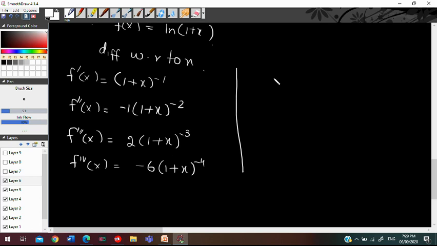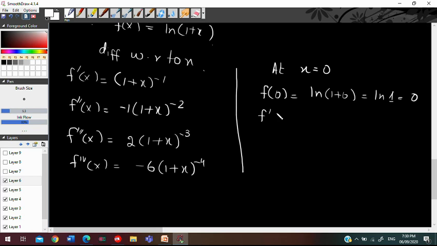And here, as I've told you, when we put x equal to 0 in our Taylor series, we get the Maclaurin expansion. So here we have to find the Maclaurin, so we put x equal to 0. So f of 0 is equal to log of (1 plus 0), which means log of 1, and we know that log of 1 is equal to 0.